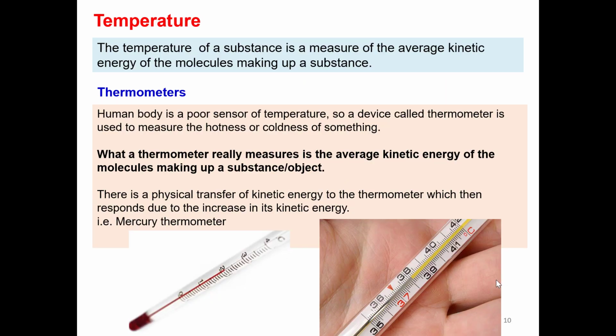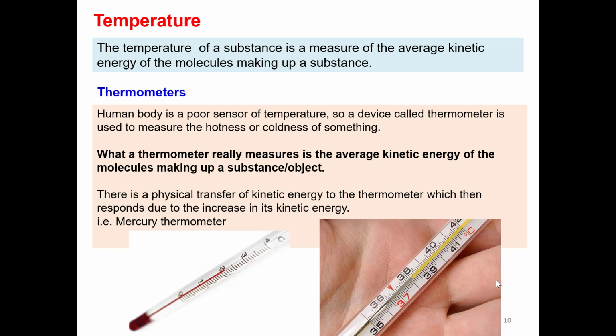To measure the temperature of any substance or object, we use thermometers. But what the thermometer really measures is the kinetic energy of the molecules that make up the substance or object. When the thermometer is in contact with the substance, the kinetic energy of that substance is transferred to the thermometer. The thermometer is made with a substance that has a property that responds to that change in kinetic energy.